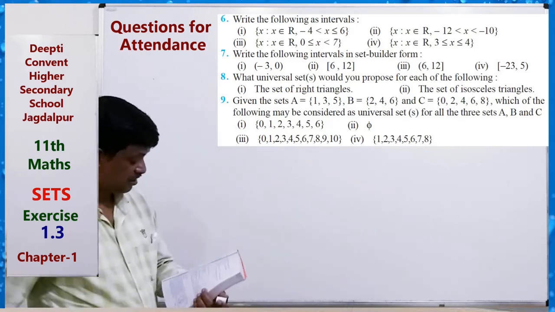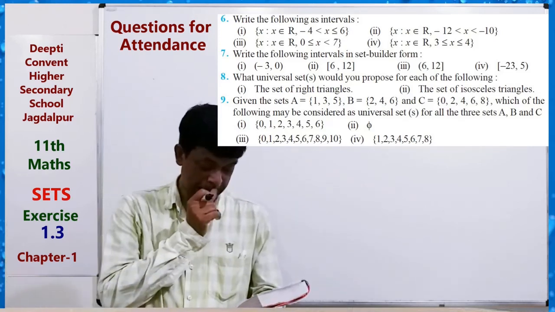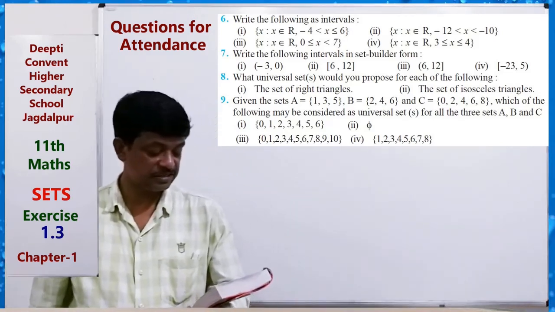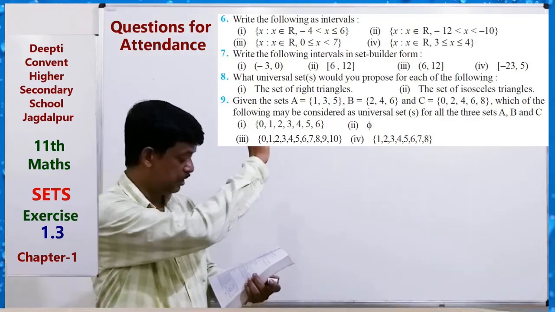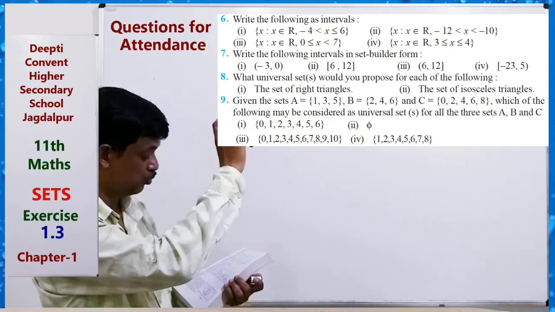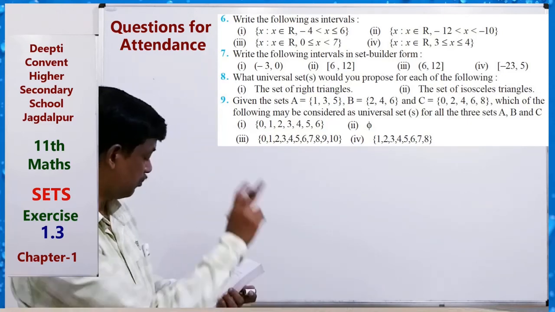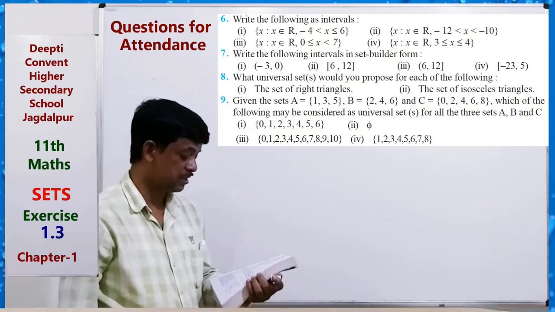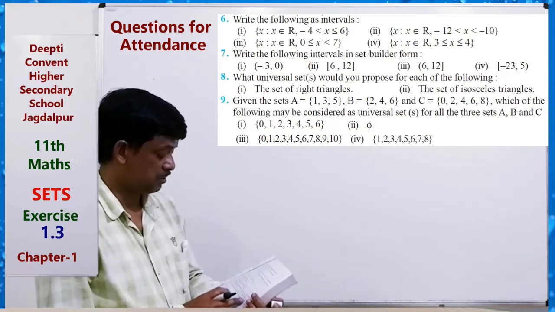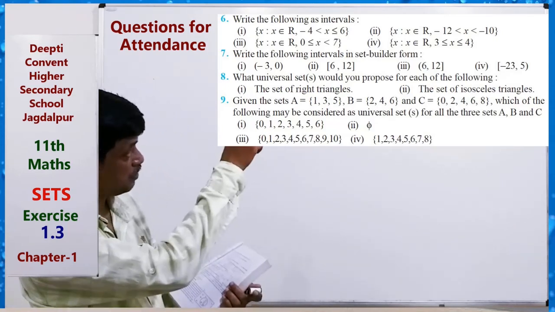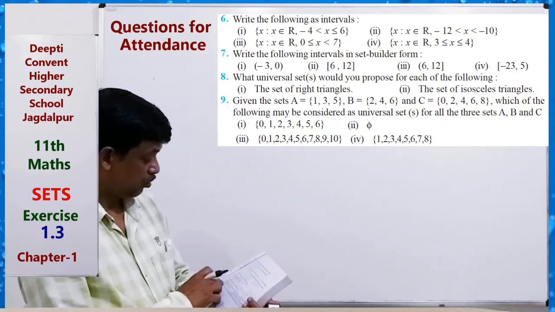Last question 9. The given sets A = {1, 3, 5}, B = {2, 4, 6}, C = {0, 2, 4, 6, 8}. Which of the following may be considered as the universal set for the three sets A, B, C?